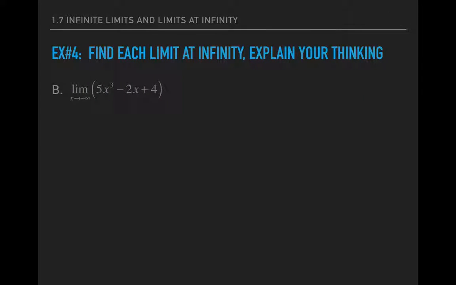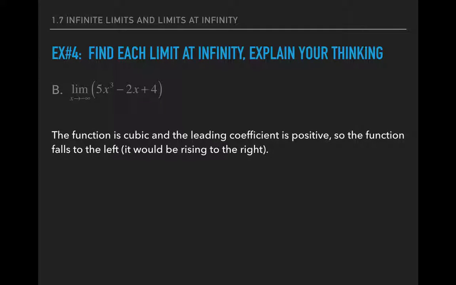Here's another. Now we're working with a cubic function, and what happens when you go way out to the left, way out to negative infinity? What is the end behavior there? Well, cubic functions with positive leading coefficients are shaped like part B from the end behavior discussion that we saw at the end of the previous video.